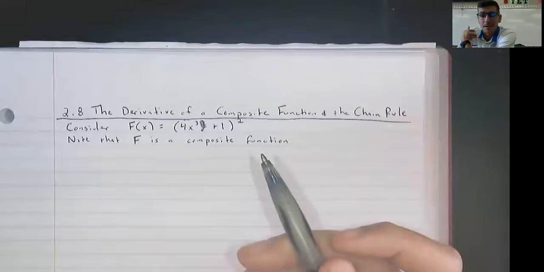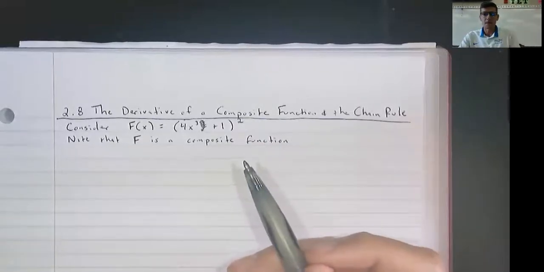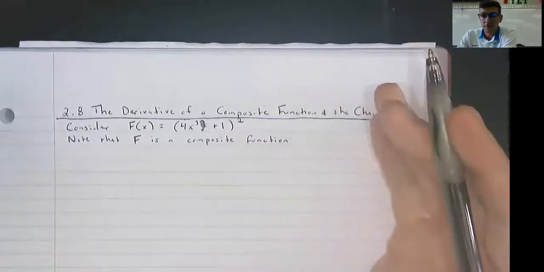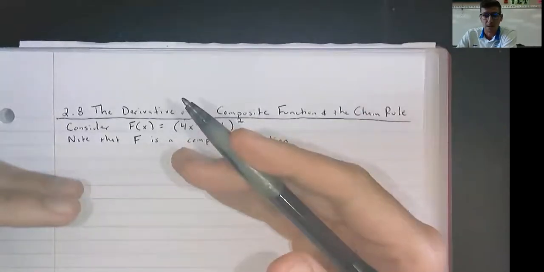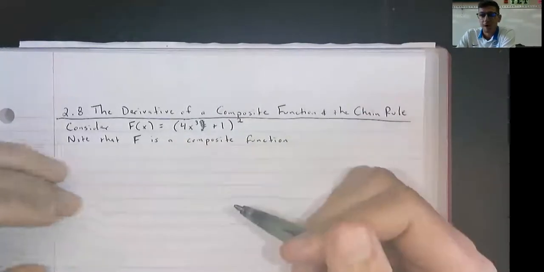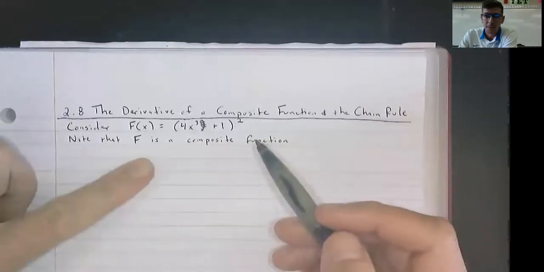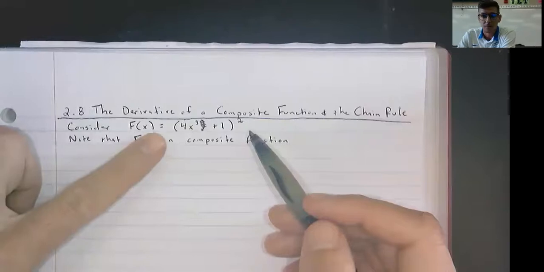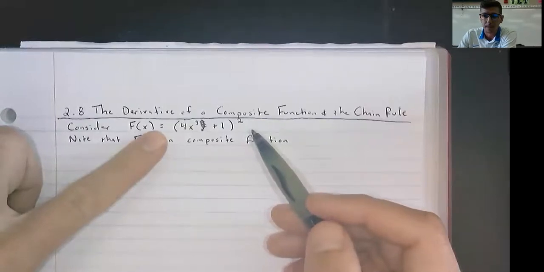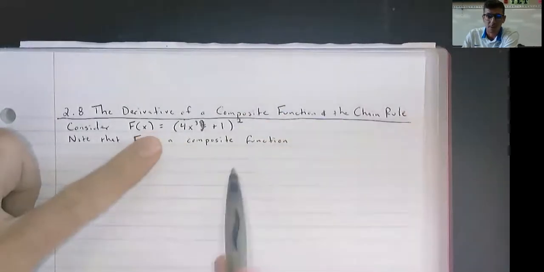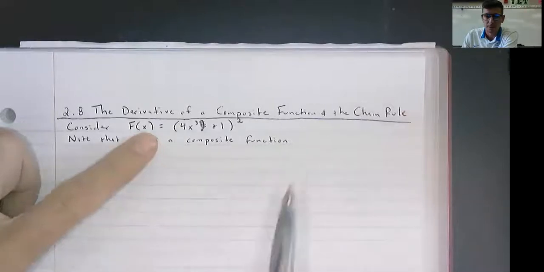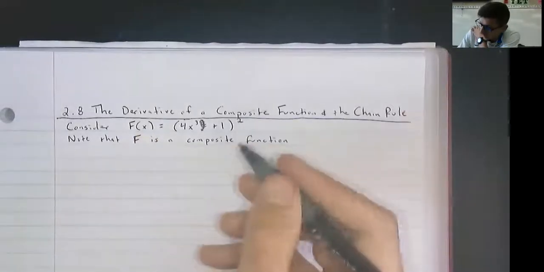The way that I think about composite functions is that there's an outer function and there's an inner function. I don't know if that's mathematically kosher to say it that way, but it makes sense in my brain. And so to me, the outer function here is the quadratic, and we're composing it with this inner function.